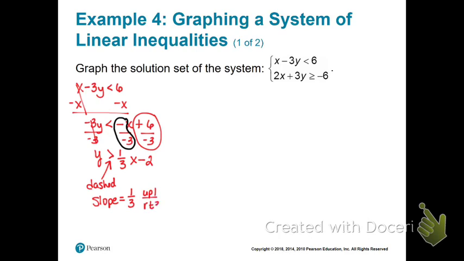Good. But what if I'm at the top of my graph and I can't go up? Then instead, good, down 1 and what? Very good. Down 1 and left 3. And then my y-intercept is what number? Negative 2. And what do we know about the y-intercept? That's our starting point.